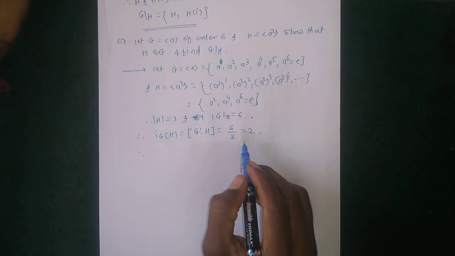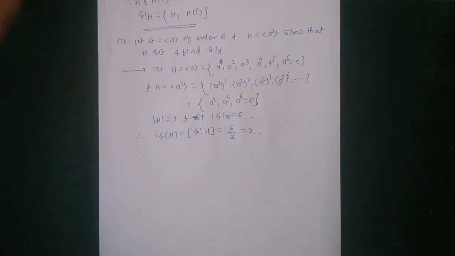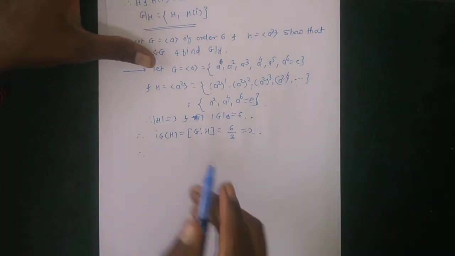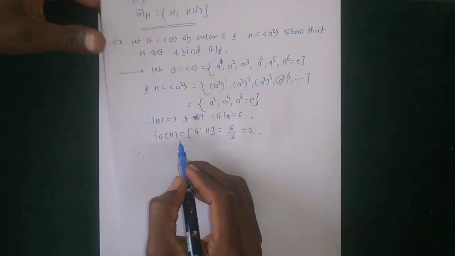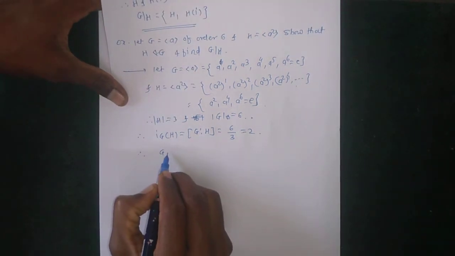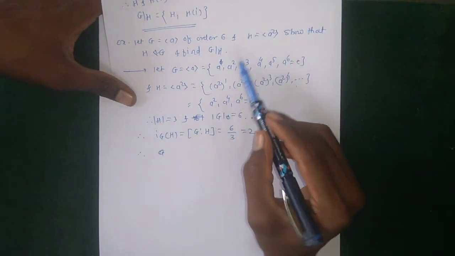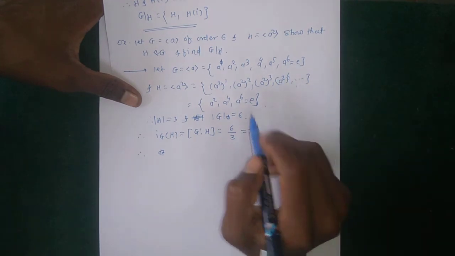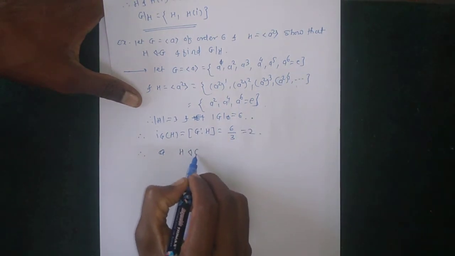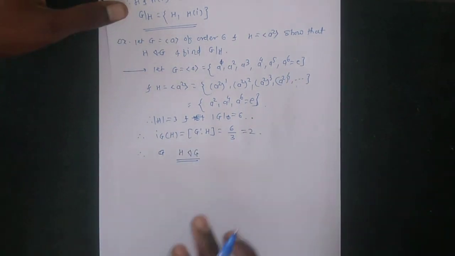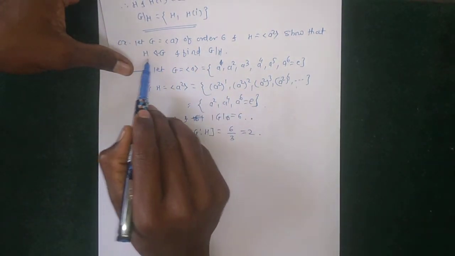If G is finite group and H is subgroup of G with index 2, then H is normal subgroup. Using this result, here G is a finite group and G has a subgroup H equal to A square which has index 2, therefore H is normal subgroup of G. Okay, first part is proved.